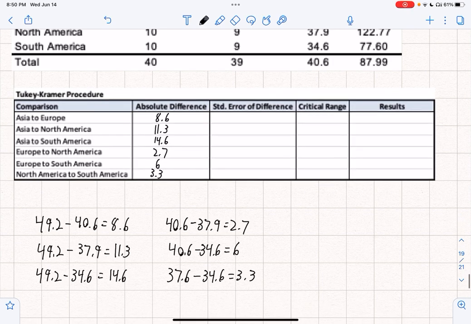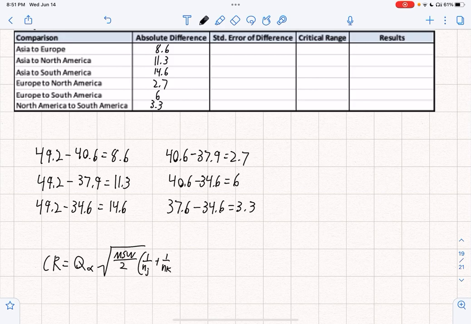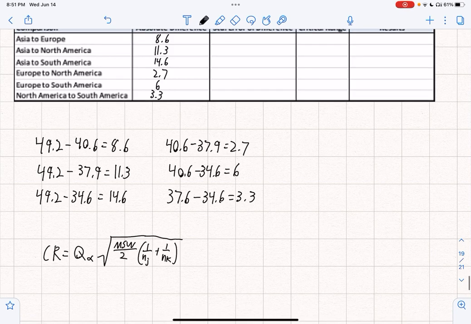Okay, so then we need to recall that our CR is equal to Q alpha times the square root of MSW over 2 times 1 over n_j plus 1 over n_k.